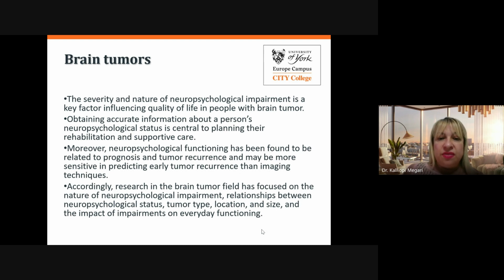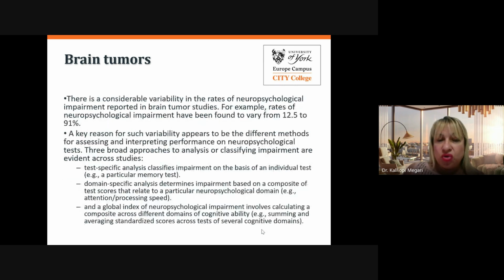Accordingly, research in the brain tumor field has focused on the nature of neuropsychological impairment, the relationships between neuropsychological status, the tumor type, the location of the tumor, the size of the tumor, and the impact of impairments on everyday functioning. Everyday functioning is a very important aspect for clinical psychologists to take into account, and assessment of everyday functioning must be conducted.